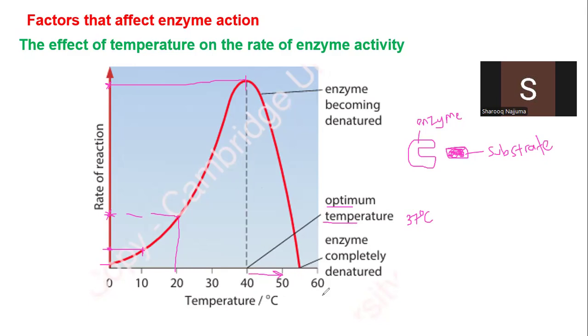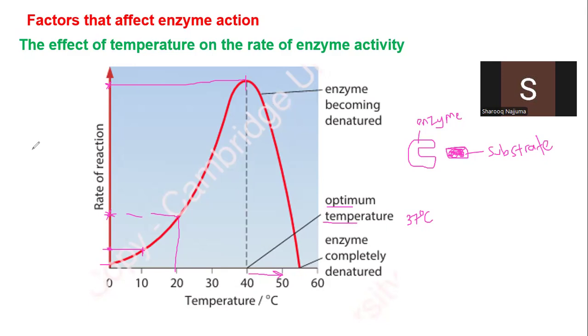Because the enzyme molecules gain more kinetic energy, so they vibrate about faster, and the more they vibrate, the higher the chance of the bonds holding them breaking, the hydrogen bonds, the hydrophobic interactions, those bonds that are holding them in their precise 3D shape are going to break. And when the bonds break, the enzyme is going to lose its shape. So the shape of the active site is lost.